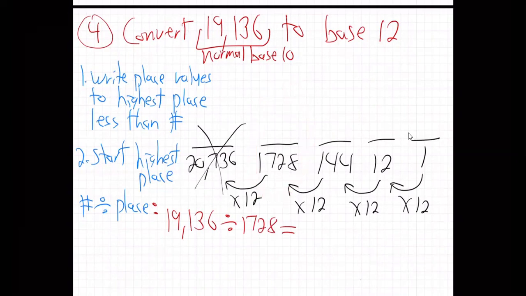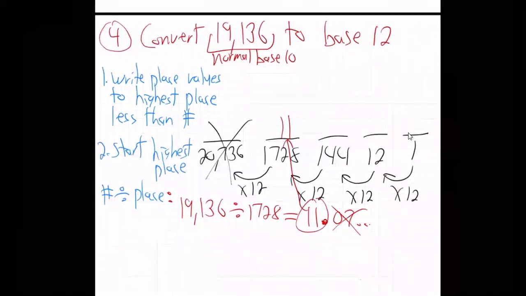So what am I getting? 19,136 divided by 1,728. I'm getting 11.07 blah blah blah. So you throw away the decimal, keep the whole number, put the 11 right there. You good there? And now you know what to do, right?